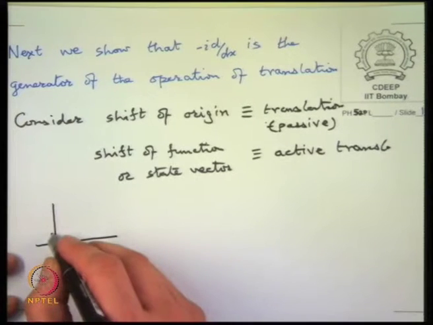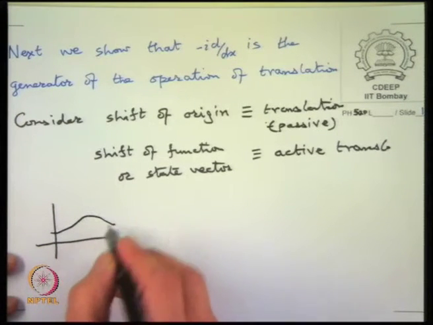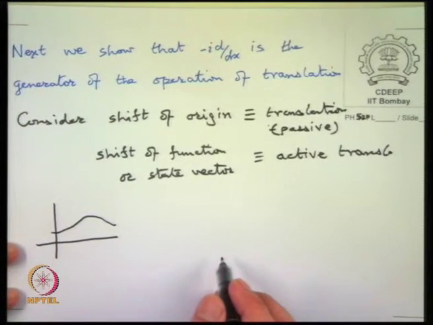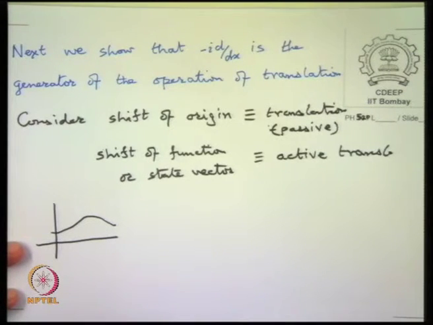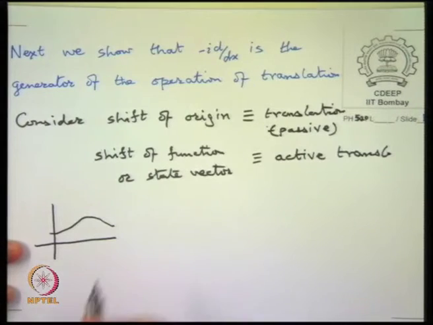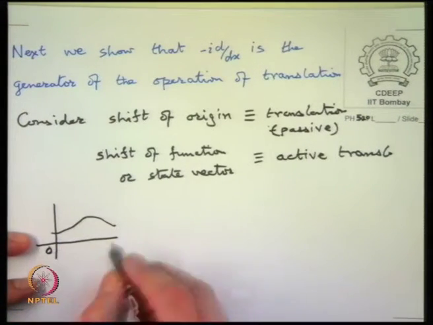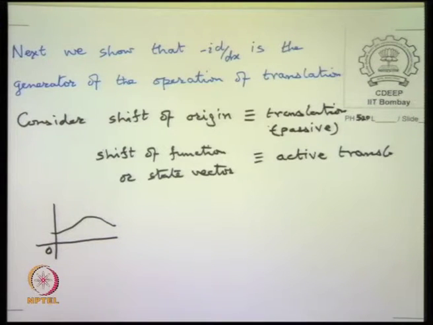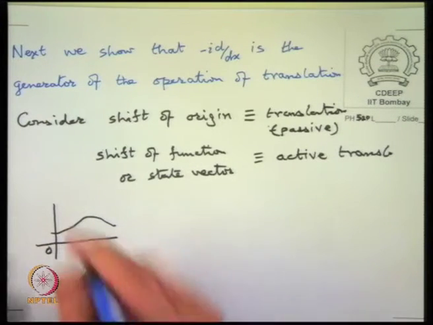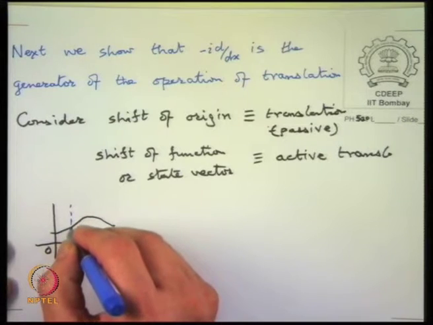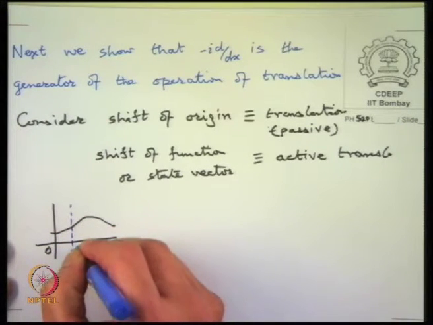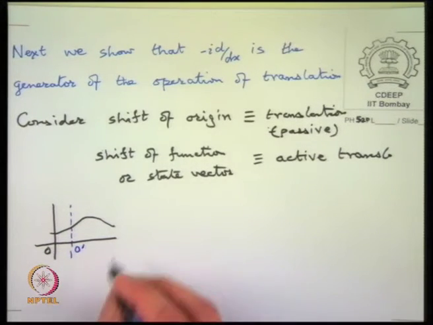So suppose we have a function f, and which sign do I want in the end? Okay. So suppose this was the 0 and we shifted to a new 0, zero prime, and this is x-axis.